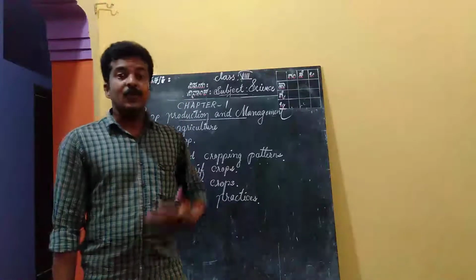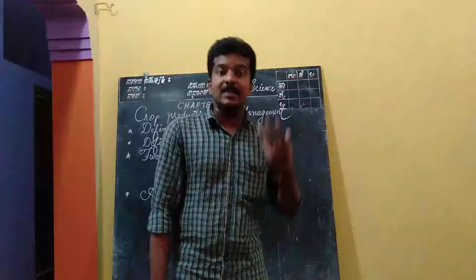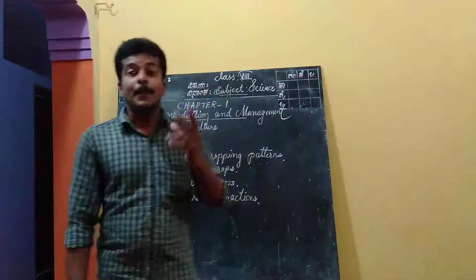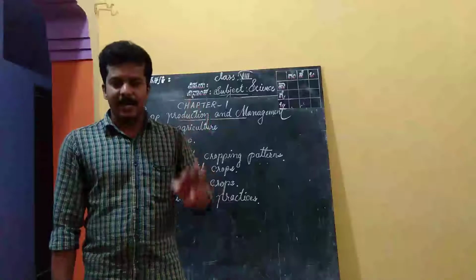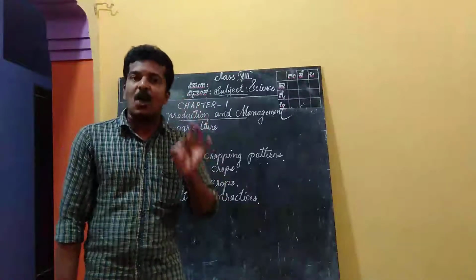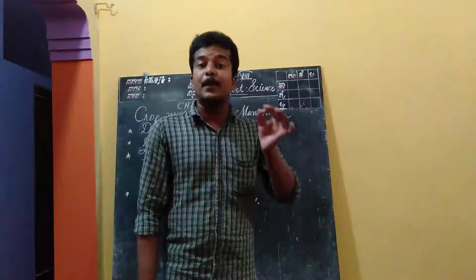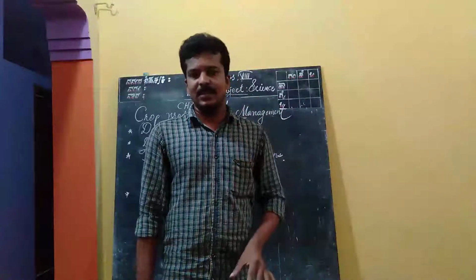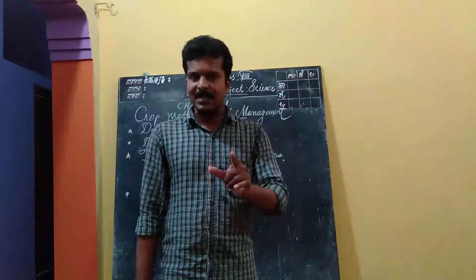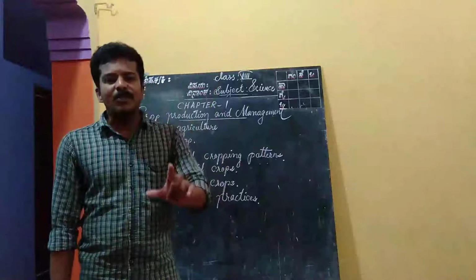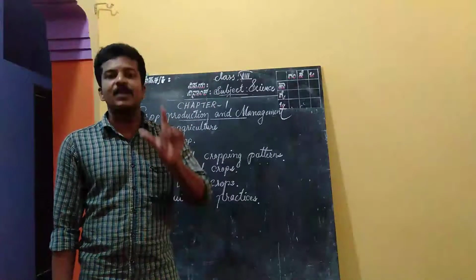I repeat, we may define agriculture: it is an art of science, business of production, marketing and distribution of crops and livestock for the benefit of human beings. Hope you understand. I repeat, this is the most suitable definition for agriculture.